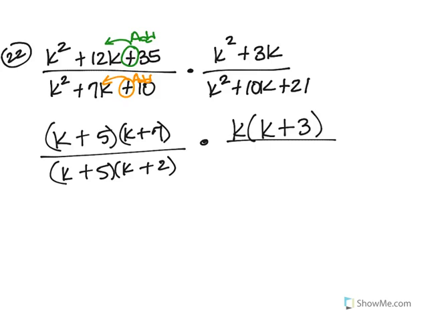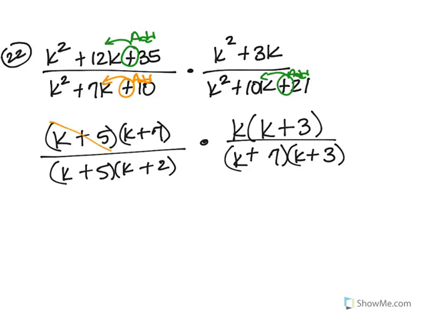And then on the bottom, that's a trinomial. So we're adding to get 10? What two numbers? 3 and 7. Both positive. So now you get to cancel out the things that are alike on top and bottom.